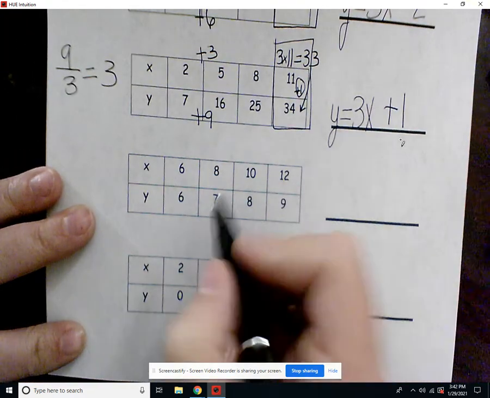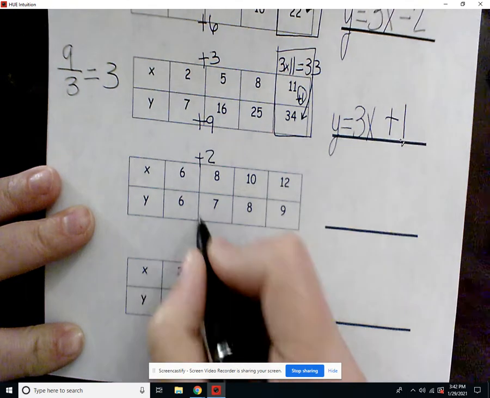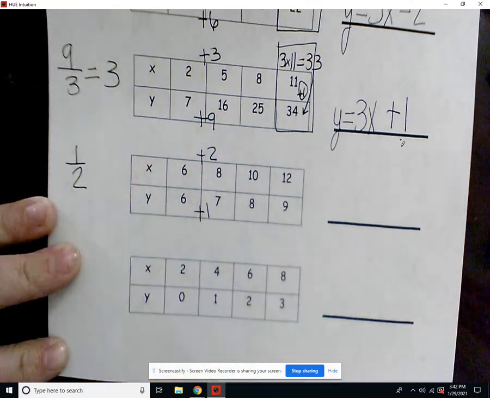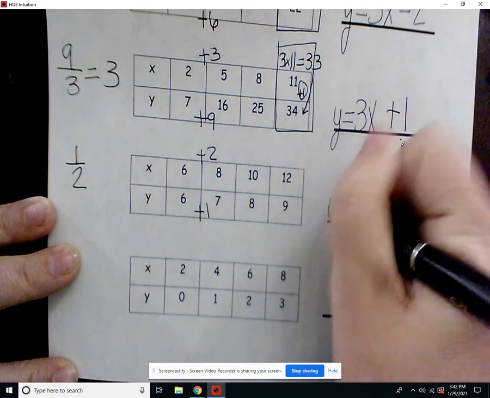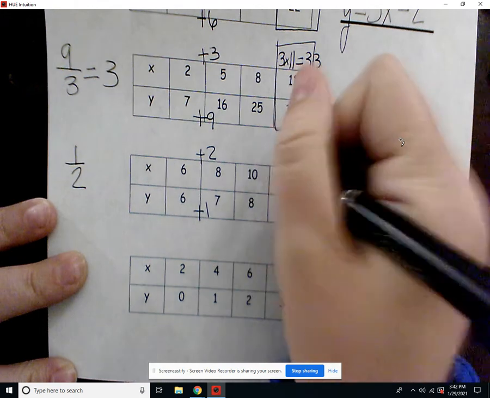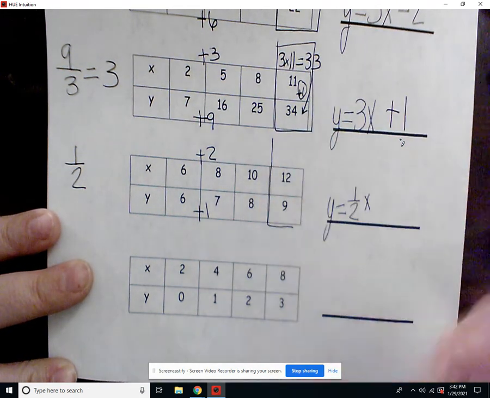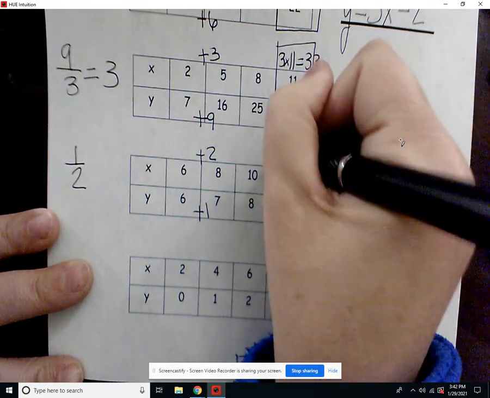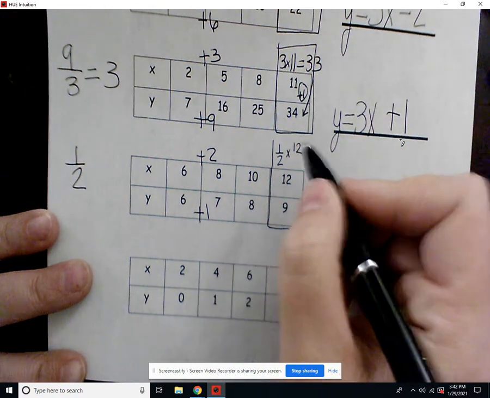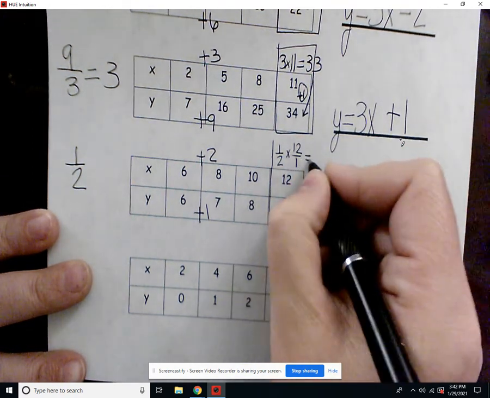Okay, next one we're adding by 2's for our x's, 1's for our y's. So that is 1 over 2, and it stays 1 over 2. So we have 1/2 x. So I'm going to take 12. So 1/2 times 12. Since it's a whole number, we'll put a 1 underneath.